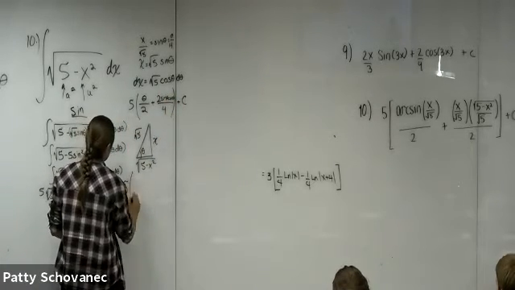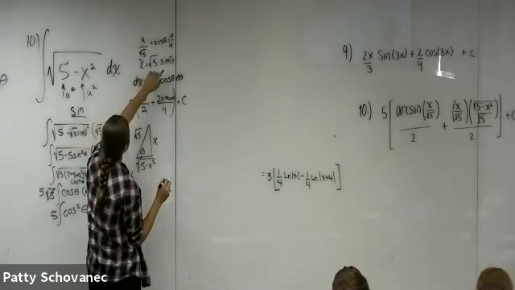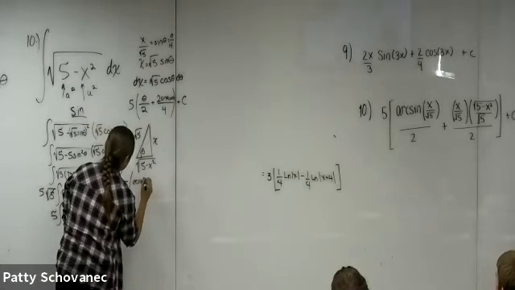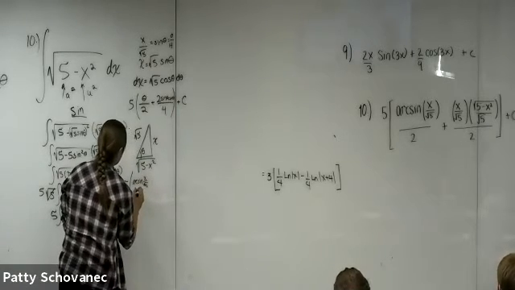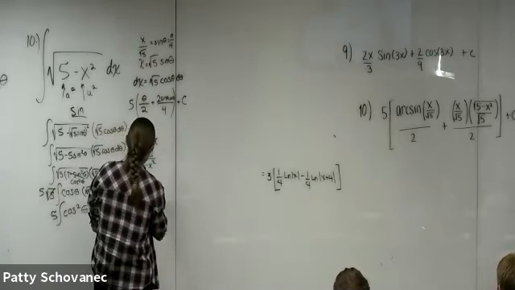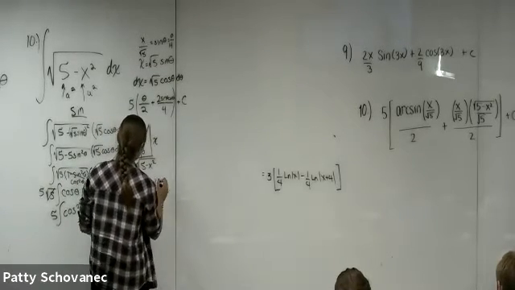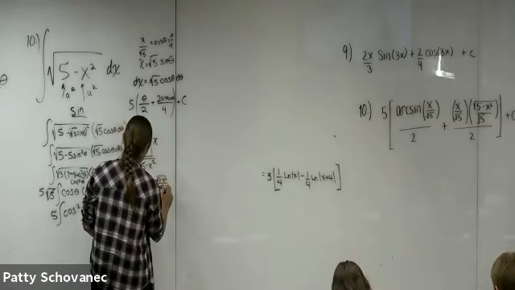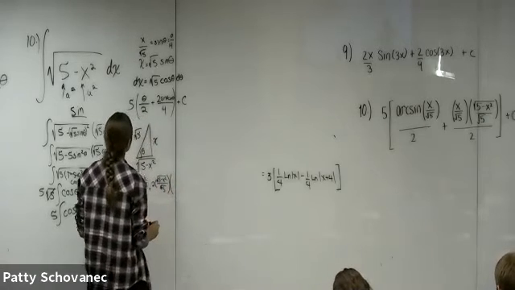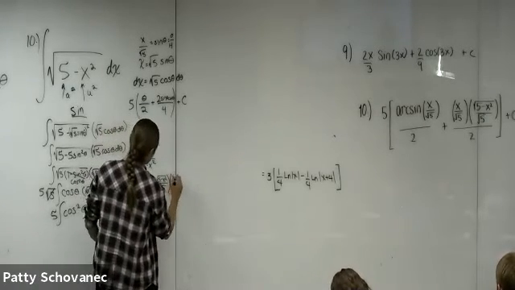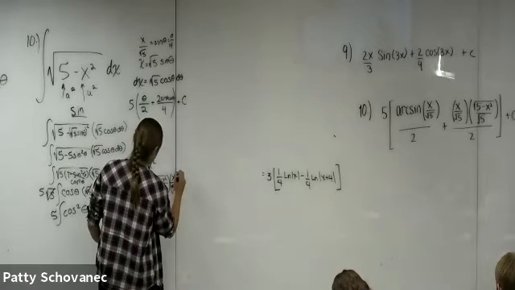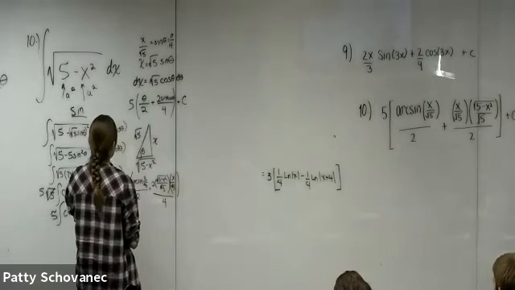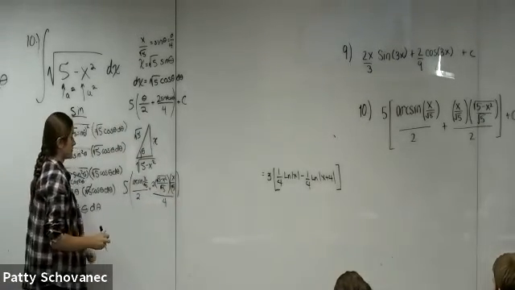So 5 times theta is gonna be arc sine of x over the square root of 5, all over 2, plus 2 times adjacent over hypotenuse, and then x over square root of 5, all over 4. That's essentially it. Yeah, you're good. Plus a C. There you go, Jack.